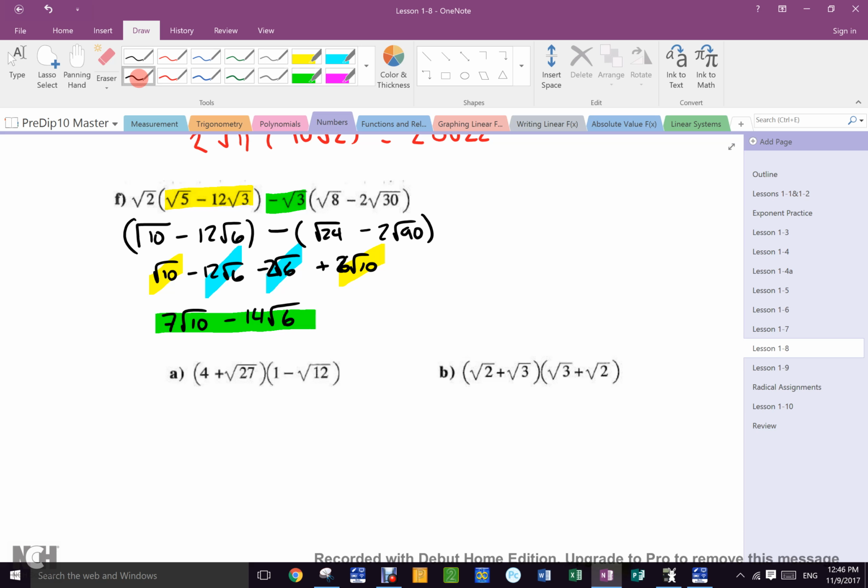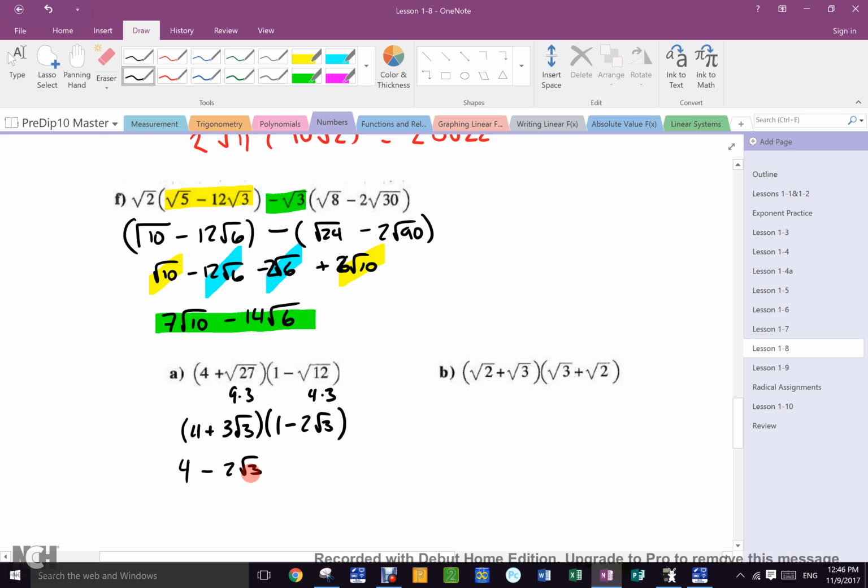I will be simplifying. 9 times 3, 4 times 3. So that's 4 plus what? 3 root 3 times 1 minus what? 2 root 3. 4 times 1 is 4.